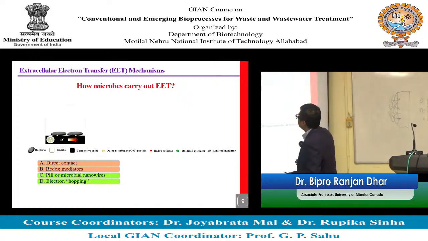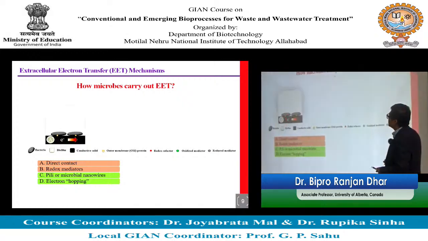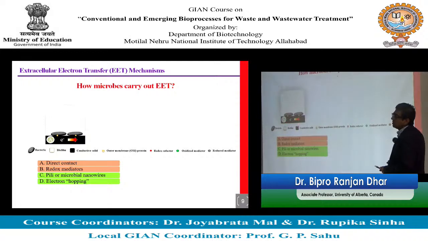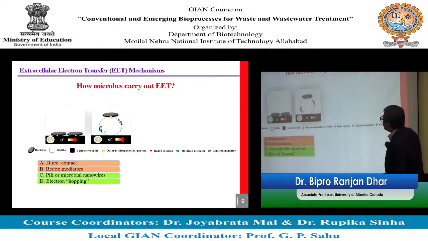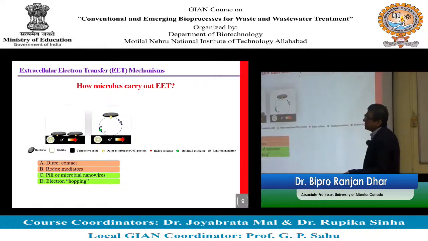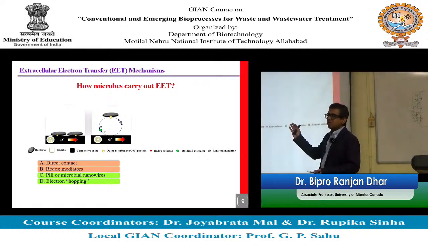So first mechanism, direct contact. Microbes are in direct contact with the electrode surface, but we know that cannot produce high current density. Redox mediator or shuttling compound can be another option, but they are soluble, so they can be washed out from the system.